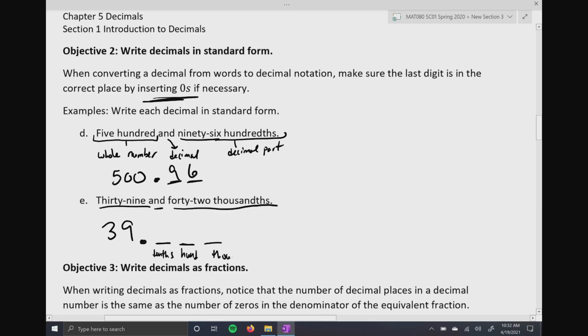Here's our thousandths. And since I only have two numbers, and I know the 2 is in the thousandths position, then I will write the 4-2, and I need to put a 0 there. And that's how I use the correct place value, by inserting zeros if necessary. All right? Are there any questions with that?